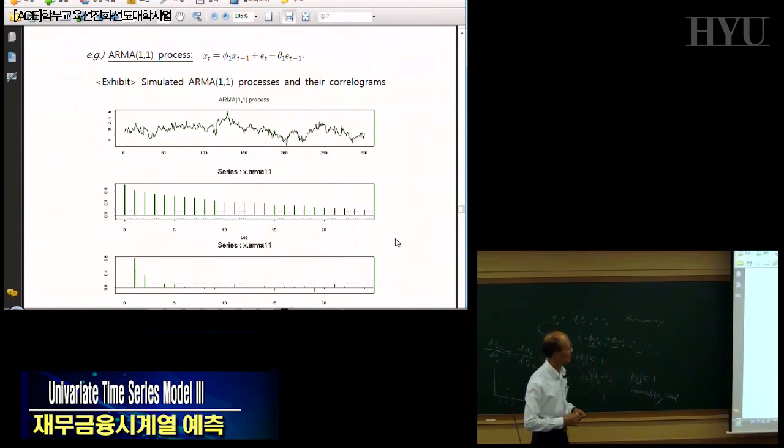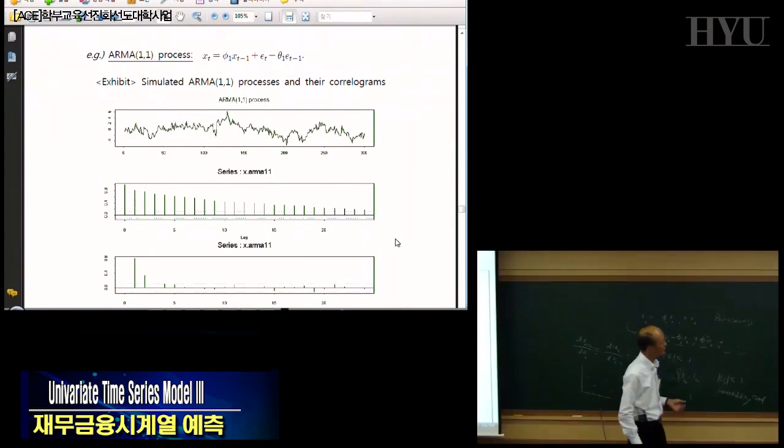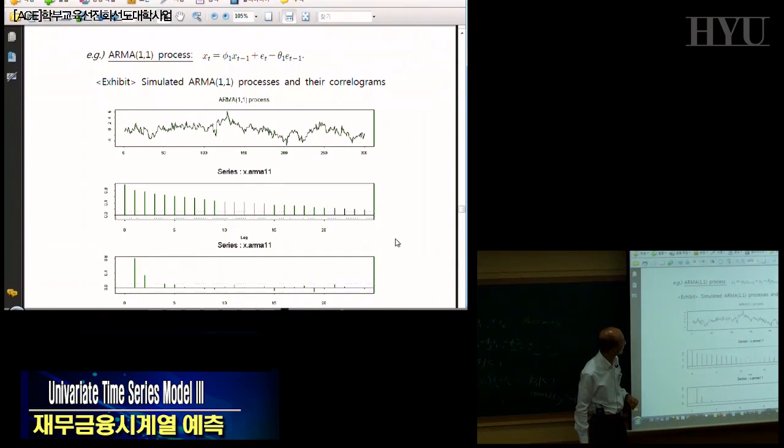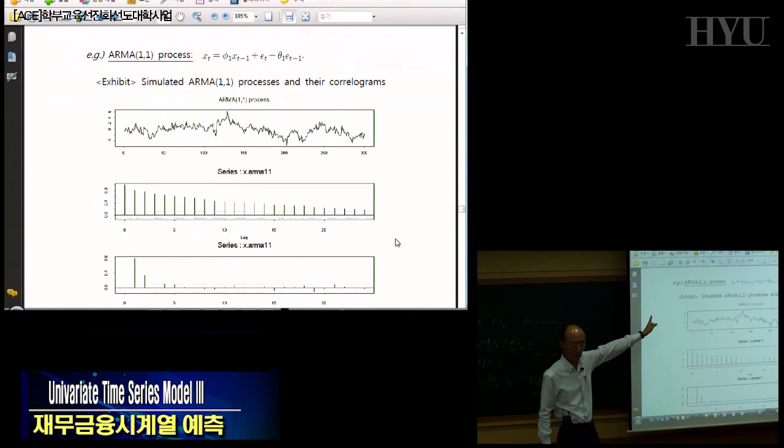Now here is a simulated ARMA process. P is set equal to 1 and Q is set equal to 1. And you need a little bit of exercise, so you can actually show that the ARMA1 process will have 0 expectation in this setup.